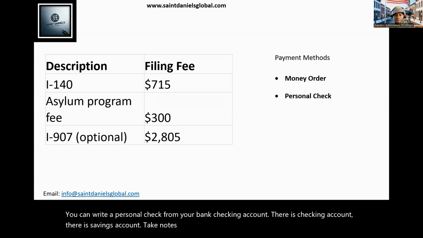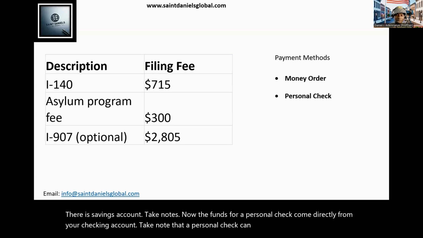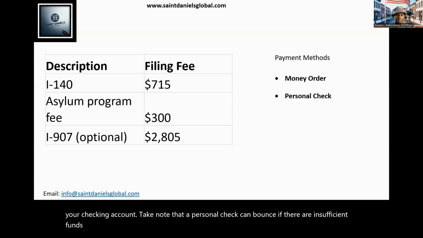Now, the funds for a personal check come directly from your checking account. Take note that a personal check can bounce if there are insufficient funds in that account. Again, another question would be, can someone issue me the check on my behalf? I'm going to answer all that.